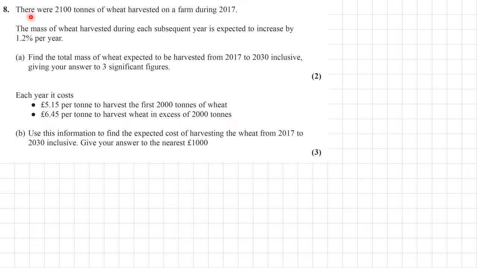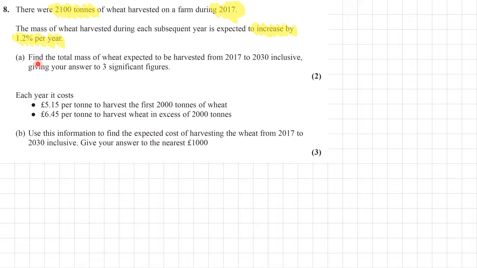Question 8. There were 2,100 tonnes of wheat harvested on the farm in 2017. So 2,100 tonnes, 2017. The mass of wheat harvested during each subsequent year is expected to increase by 1.2% a year. So we're expecting an increase of 1.2% per year.